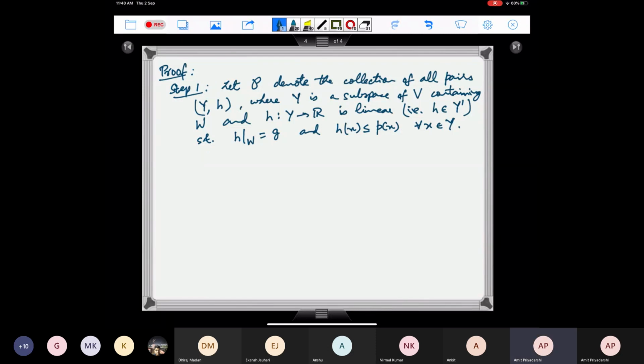So whatever properties we want, we are putting all those things. So we want a subspace containing W and a linear functional which is an extension of the linear functional G on W, and it is dominated by this convex functional P.